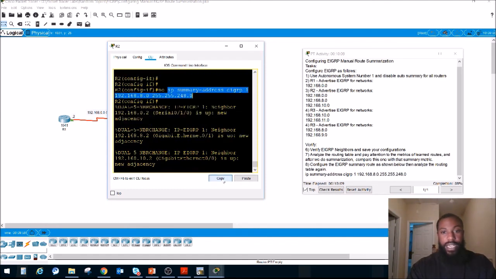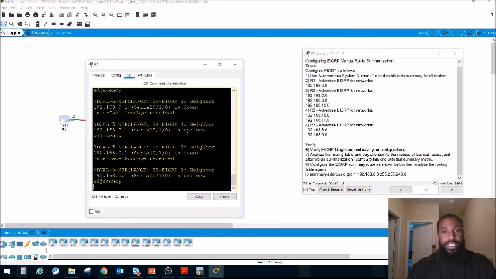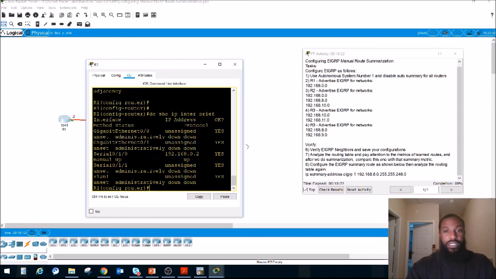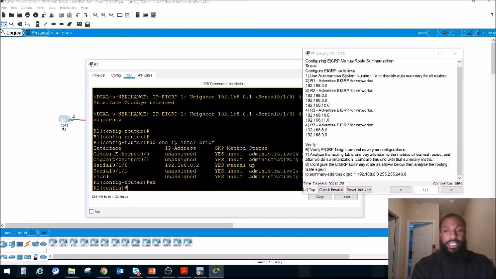We're going to take this guy and punch it in the serial interface of this guy and do show ip interface brief, and I believe we got to put it in the serial interface right there with the IP address. So let's exit out of that.